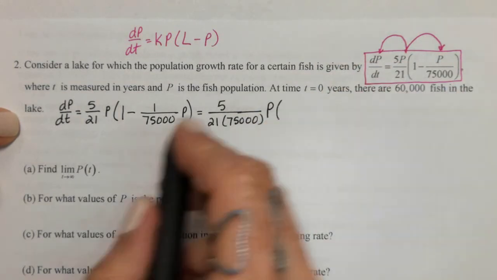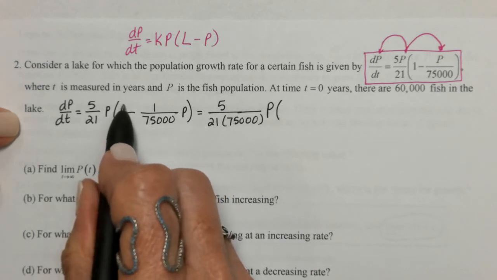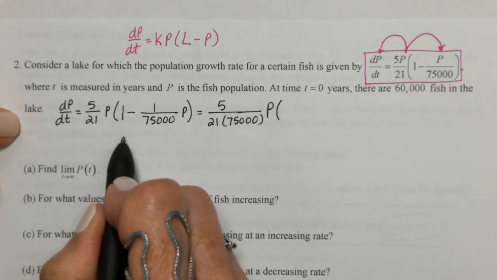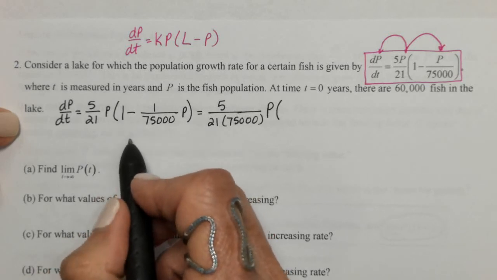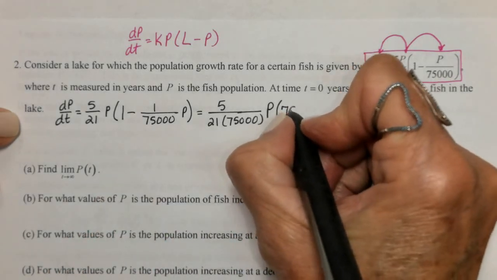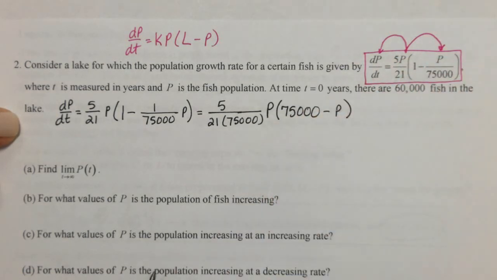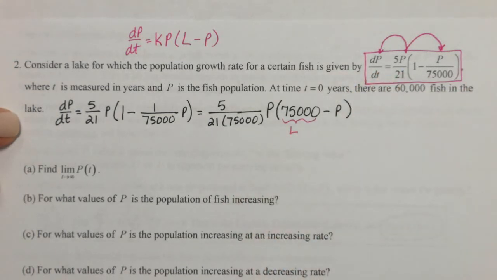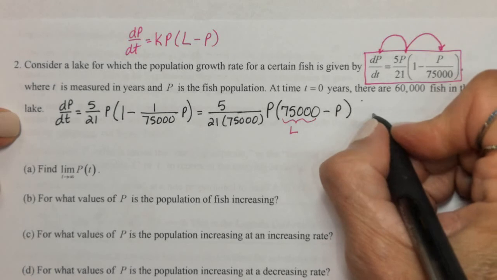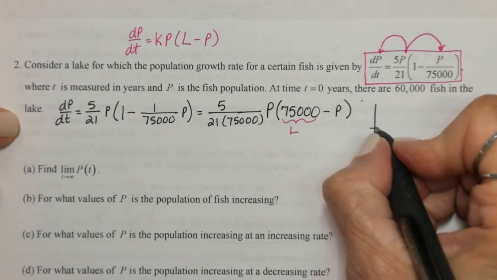So now we're factoring out the 1 over 75,000, so this is going to be 1 divided by 1 over 75,000, which is 1 times 75,000. So now we know our L value. L is 75,000, so the graph is going to look like this.